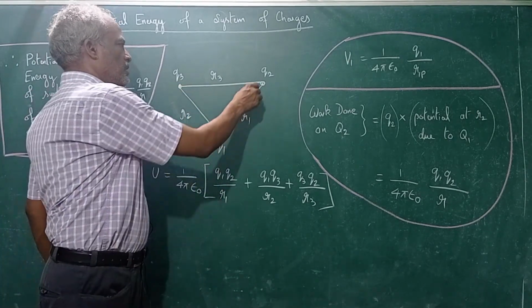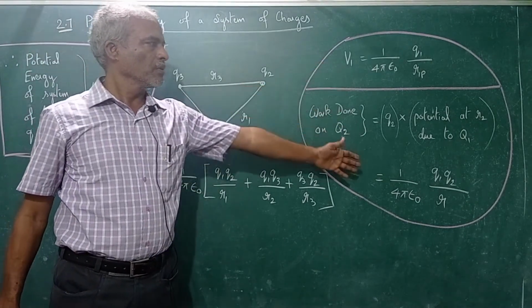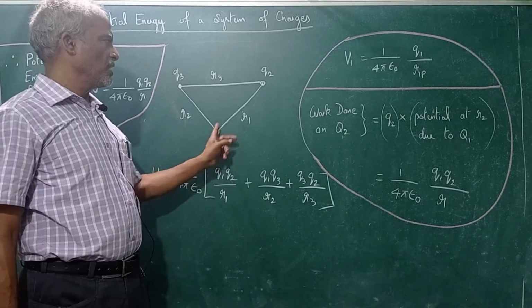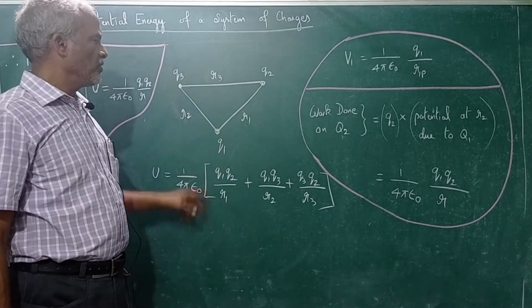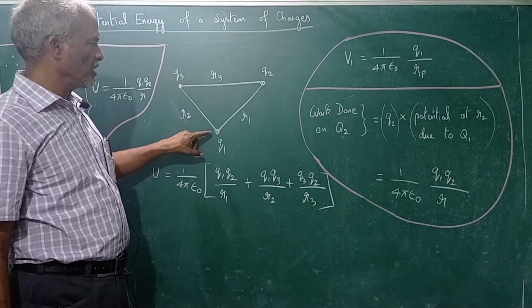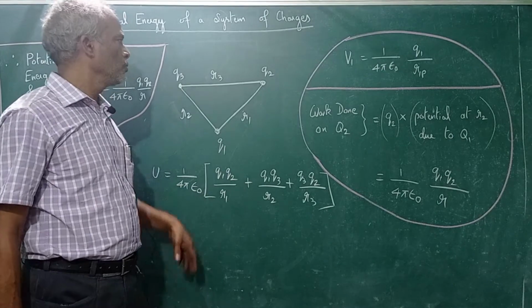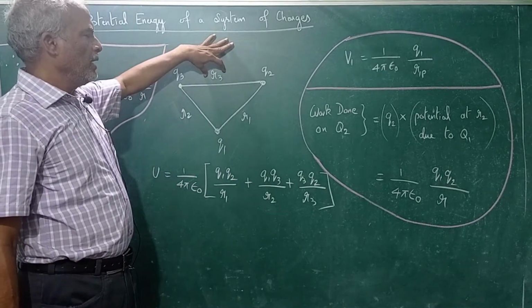Now if we consider Q2 and Q1, so we know the work done, which is 1 by 4 pi epsilon naught product of the charges Q1, Q2 divided by the distance R1. If we consider Q1 and Q3, product of the charges Q1, Q3 divided by the distance R2. Q2, Q3 or Q3, Q2 divided by R3.